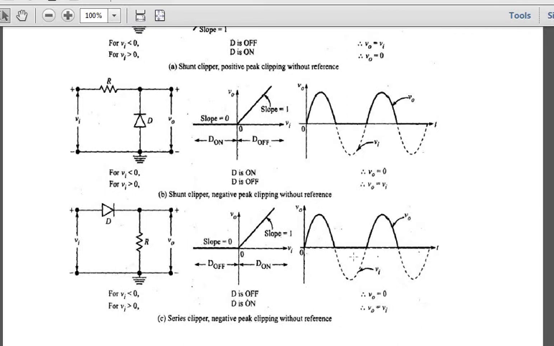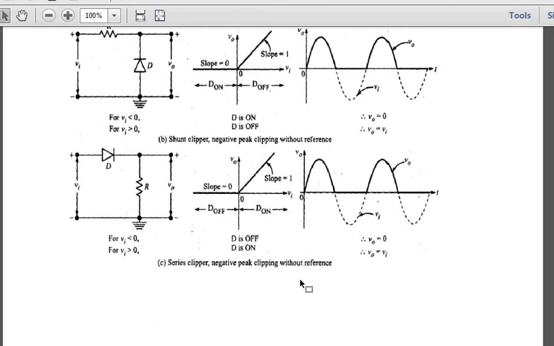Now negative clipping will be done here. The diode will be followed by a resistor. When input voltage Vi is less than 0, the diode will be off, so it is an open circuit, and V0 is equal to 0 because no current will be flowing. When Vi is greater than 0, the diode will be in the on condition, and then output voltage V0 is equal to Vi.